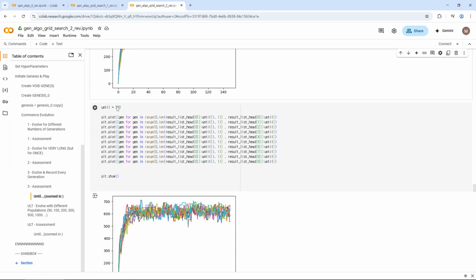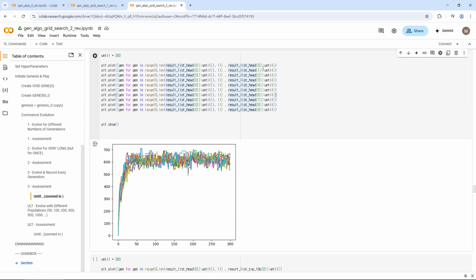And until generation 300 for heads, even when we have only the heads illustrated here, we don't see the heads constantly hitting 700 or 710, anywhere close to 700. No, they just fluctuate too much. They just oscillate on and on. So very unstable.